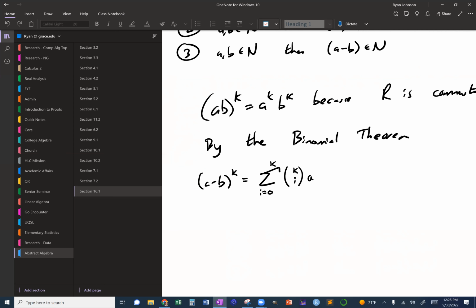Times A to the I times negative B to the K minus I. So you're going to need a power of K that's big enough that you're either annihilating the A's or annihilating the B's. Make sense?